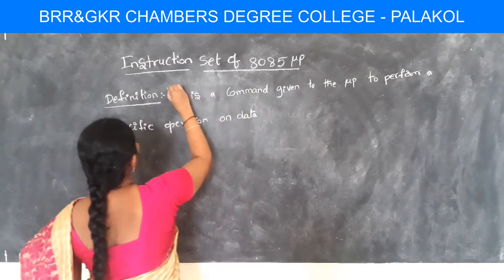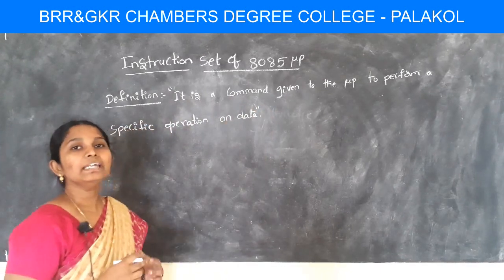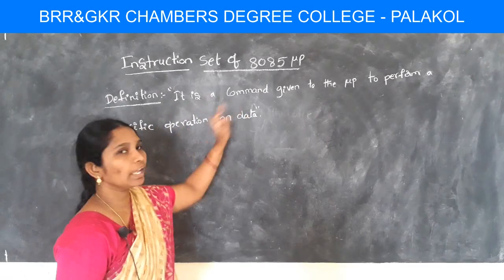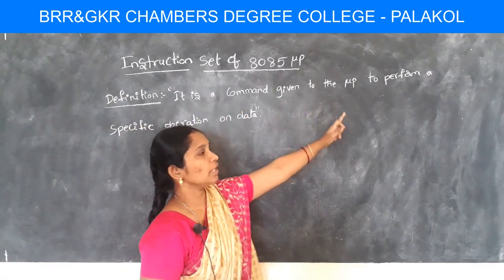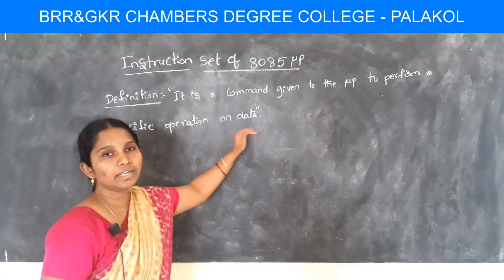Okay. So, here this is the definition of an instruction. That means, instruction is a command given to the microprocessor to perform a specific operation on data.